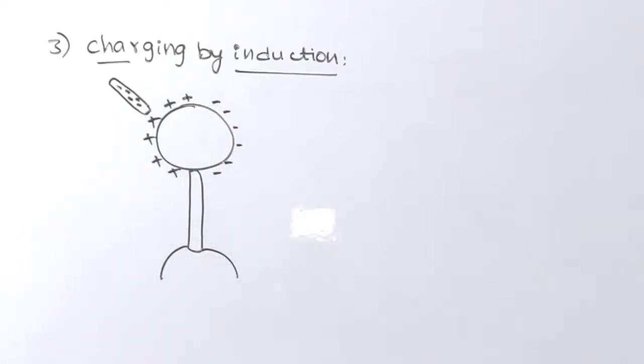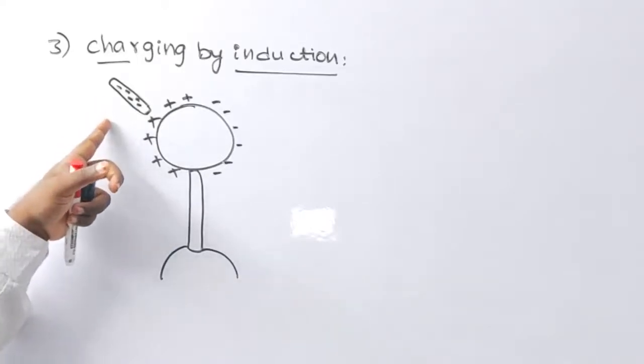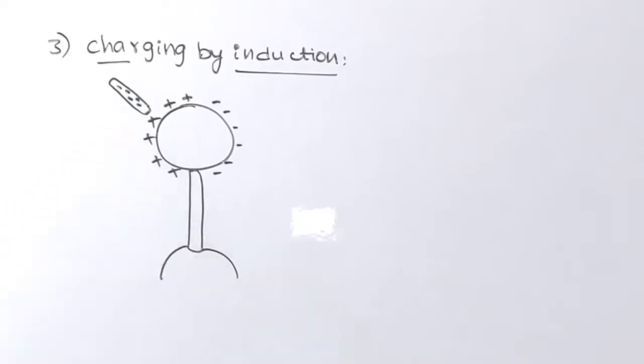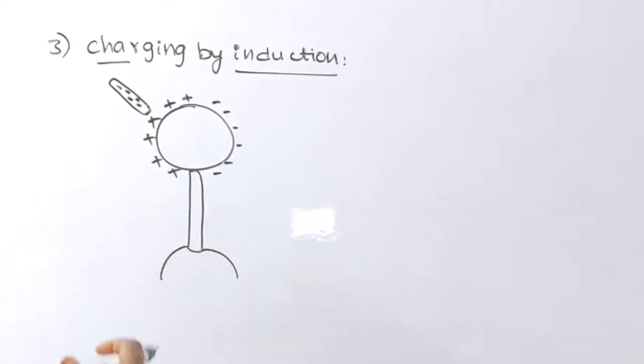Okay, if the rod is removed, the free electrons return to their original places and the charged regions disappear.